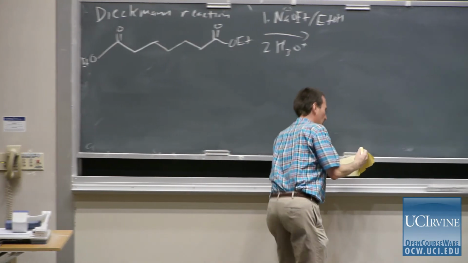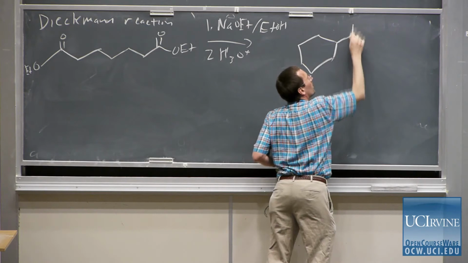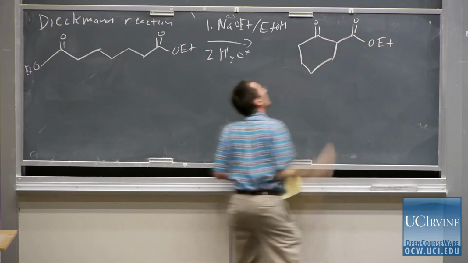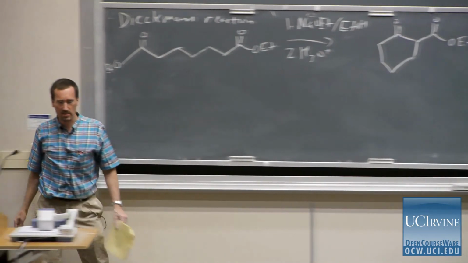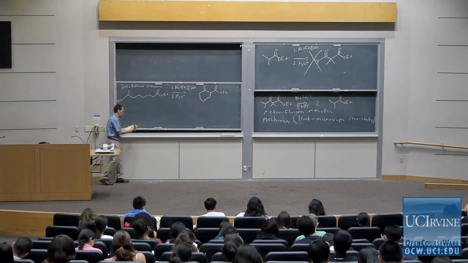And the product of the reaction is this ethyl ester. Same ethyl ester we used in our Robinson annulation reaction.